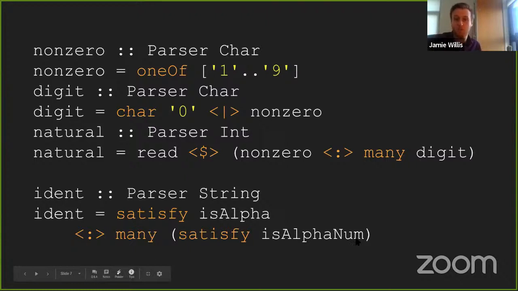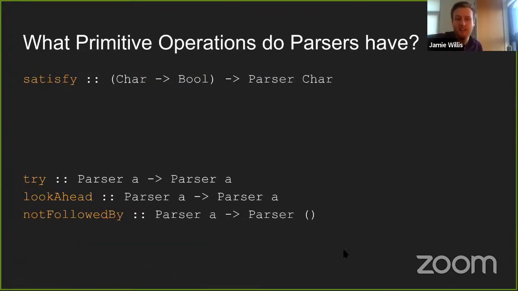To summarize, the core combinators are satisfy, as we said, which takes a char-to-bool function and reads a character with that; try, which we're not really going to focus on; and lookAhead and notFollowedBy, which are used for positive and negative lookahead respectively. Again, I'm not going to touch on those, but it's useful to know that they exist. So let's see what we can do with satisfy.